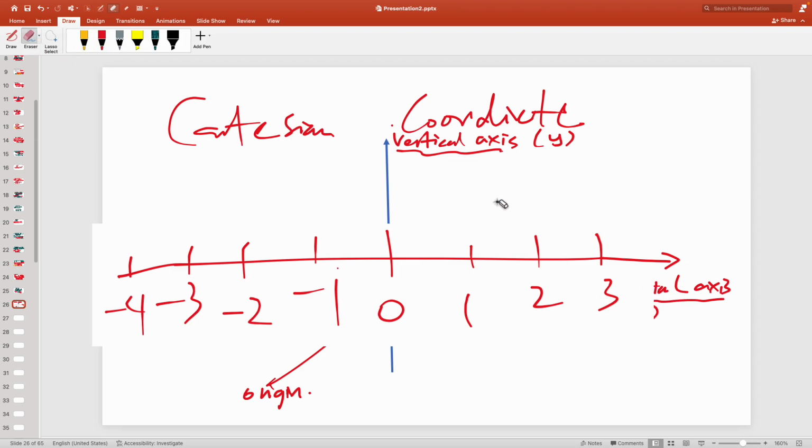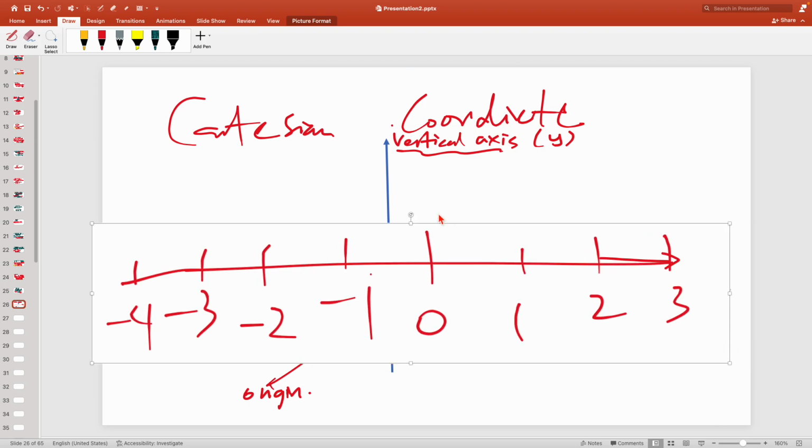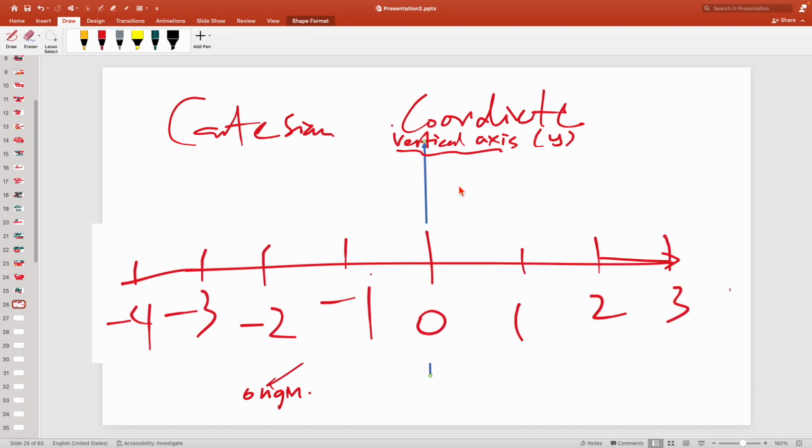Can you see or not? So we have been playing with the x-axis for a long time. Just label it a little bit. X-axis. So the origin is here. So we have been using this x-axis for the number line.